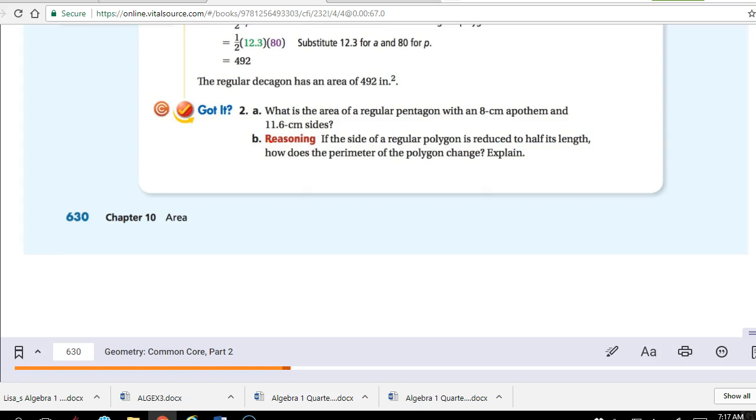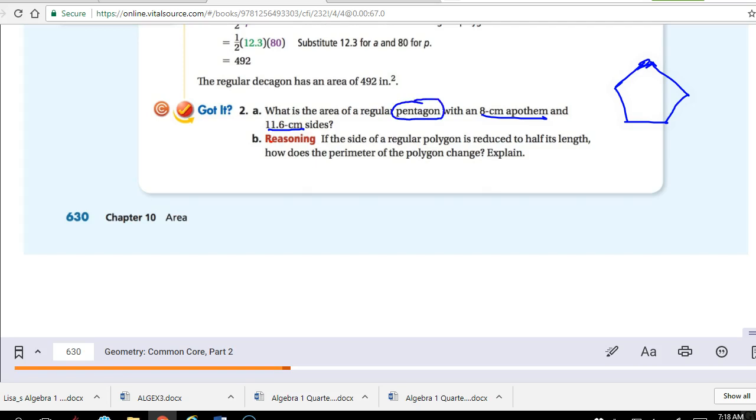Now, you don't have to draw a pentagon. I'm just drawing it so that I can visually talk about it.